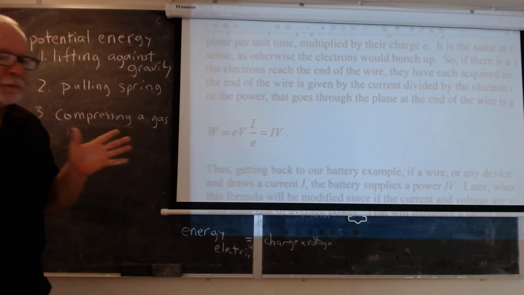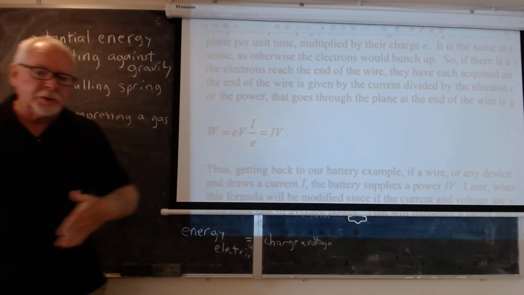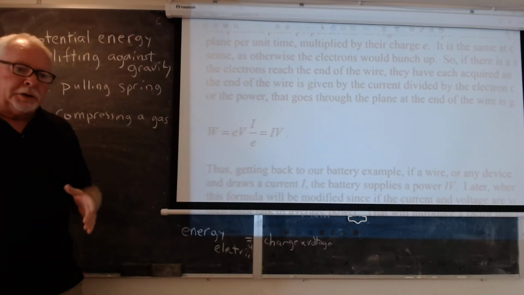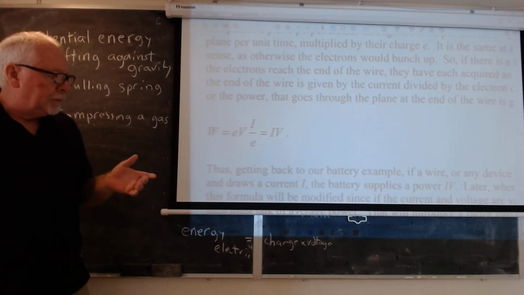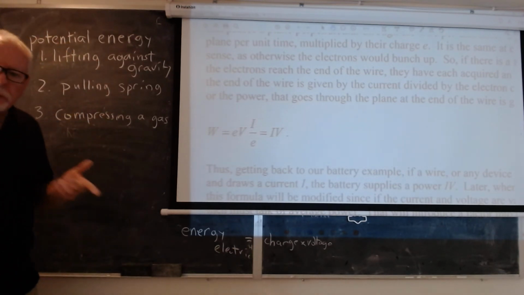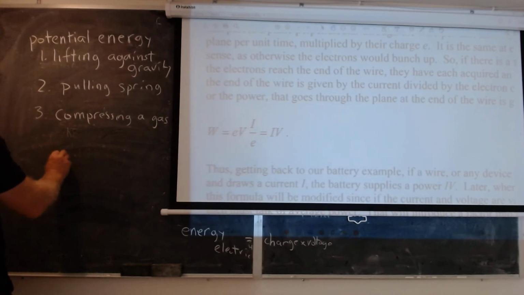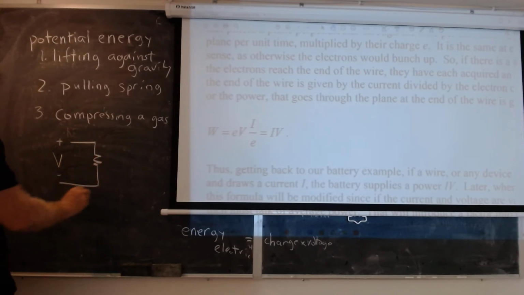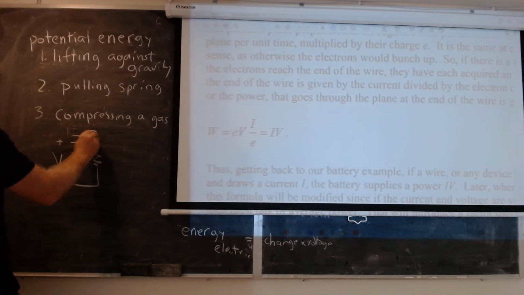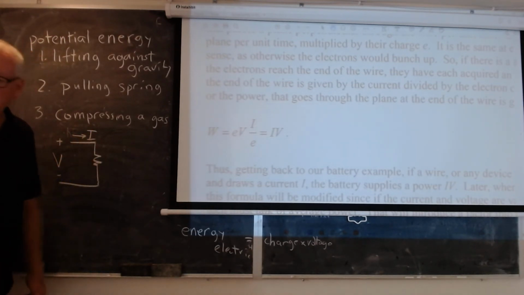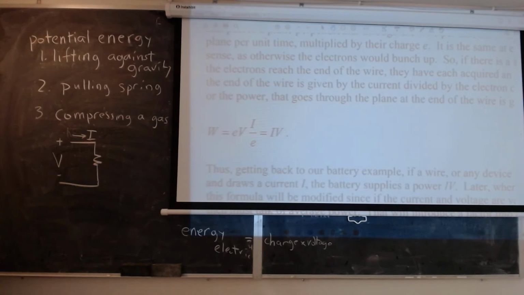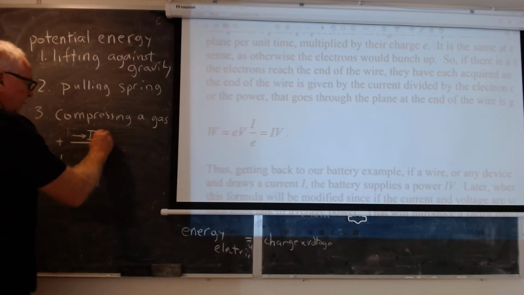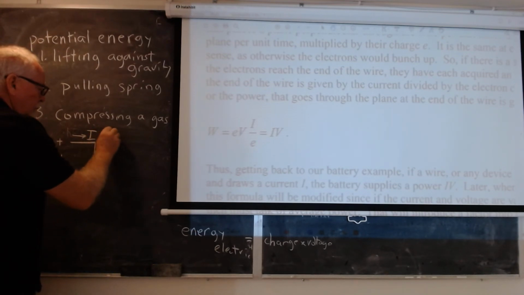So, if I have a current going through a certain voltage, if I were to, for example, take some voltage V and hook it up to a resistor, I would get a certain current, I. Now, I don't want to get bogged down in Ohm's law and stuff like that right now. We will later. I is the electrons, the charge per unit time.